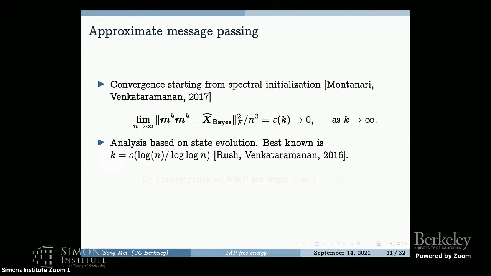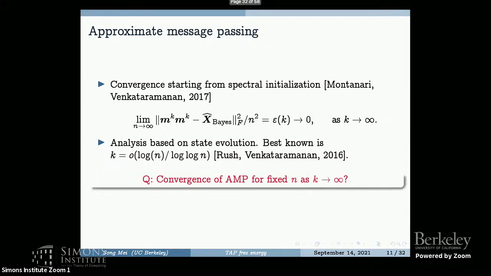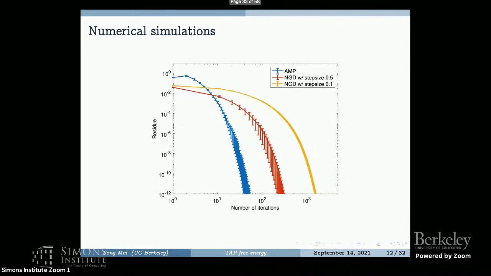This number of iterations is not enough to show the convergence of AMP. So the second question we want to ask is whether we can show the convergence of the AMP algorithm for a fixed instance as k goes to infinity. These are the questions we would like to answer in this talk.